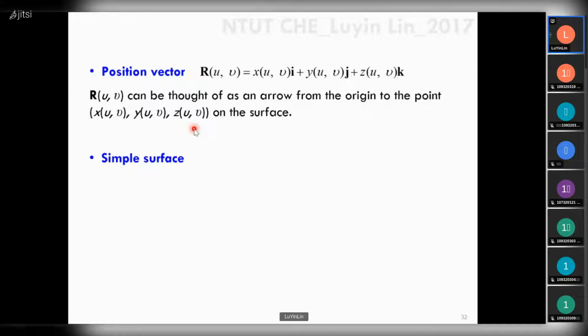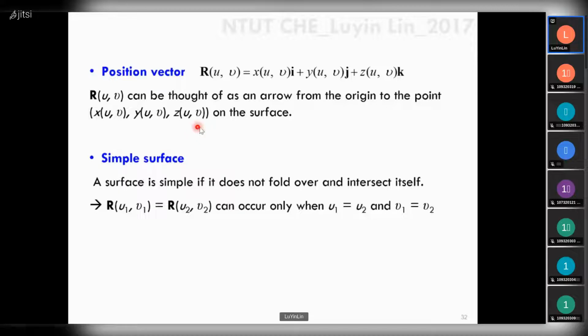And what is a simple surface? It is like a simple curve. That means at different parameter values, the surface is not at the same point. If r(u1, v1) is equal to r(u2, v2) for different positions, this condition can only occur when u1 is equal to u2 and v1 is equal to v2.